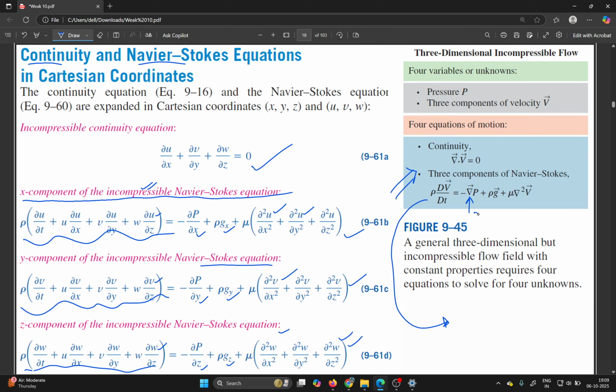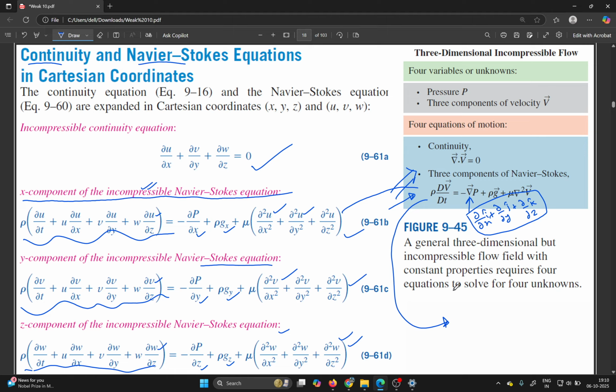So the del operator is nothing but d by dx i plus d by dy j plus d by dz k. So you can say in the vector form you can write like that. In the Cartesian vector form, when you write this equation, it has all three components because you are writing it in vector form.